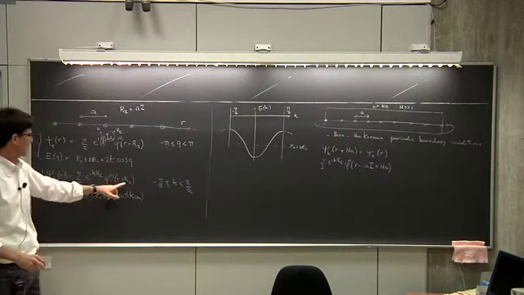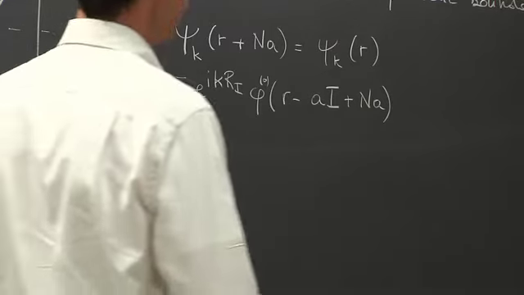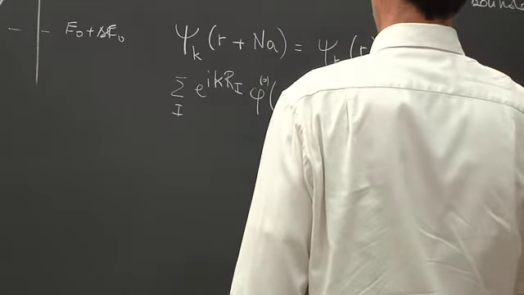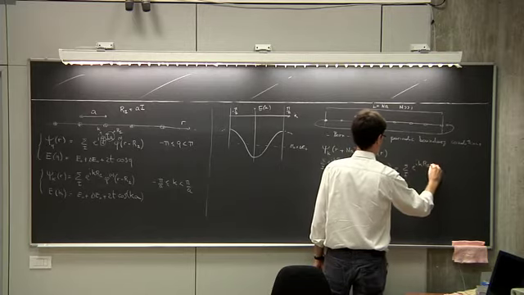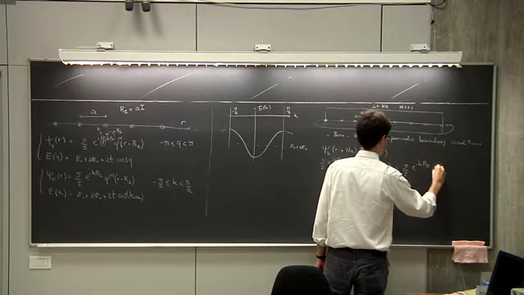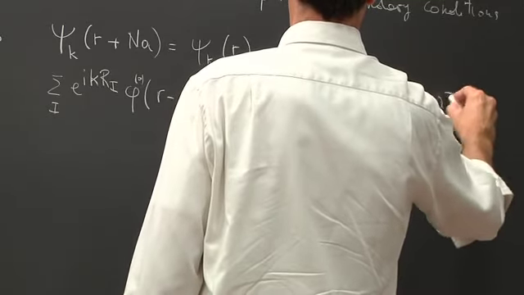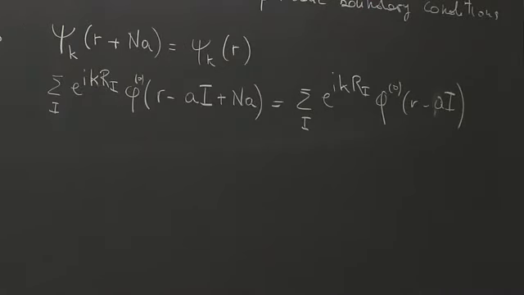I'm writing R_i as a_i plus Na. And this must be equal to the sum over i of e to the i k R_i phi naught of r minus a_i. I need to impose this. Let's see what we get if we impose this equality.